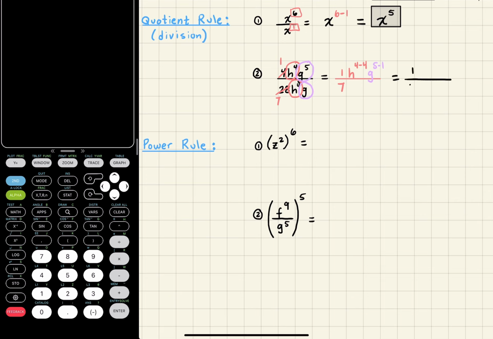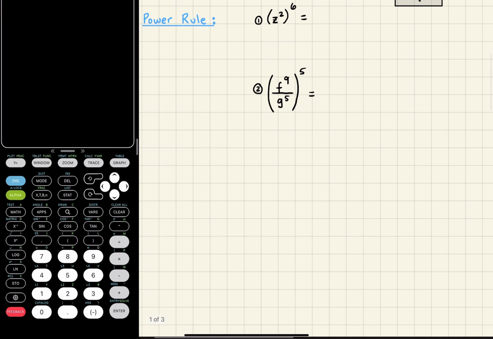Now h to the 4 minus 4, 4 minus 4 is 0, and anything to the 0 power is 1, so that's going to go away. But then we'll have g to the 5 minus 1, that's 4. So we end up with an answer of 1 g to the 4th over 7. And that is the quotient rule.